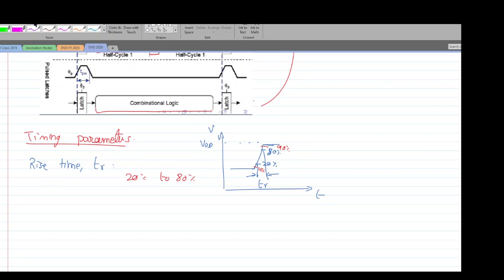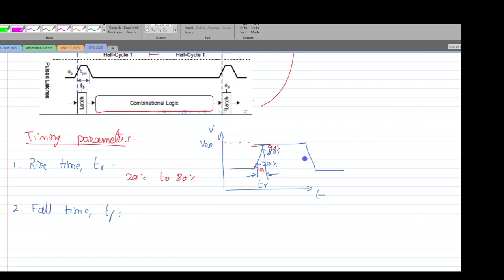Now the next timing parameter that I want to address is the fall time. The fall time is defined as the rate at which the voltage value is switching from VDD to the minimum voltage value, at what rate the voltage steps down.